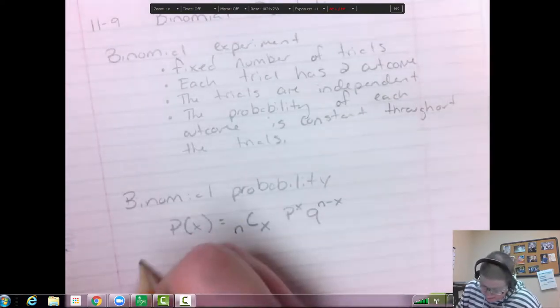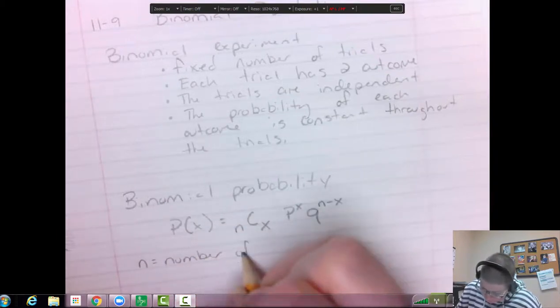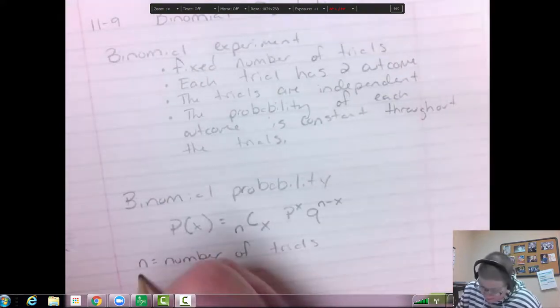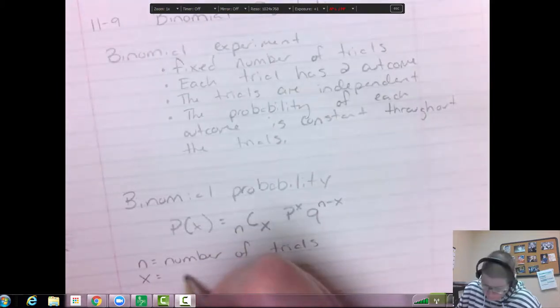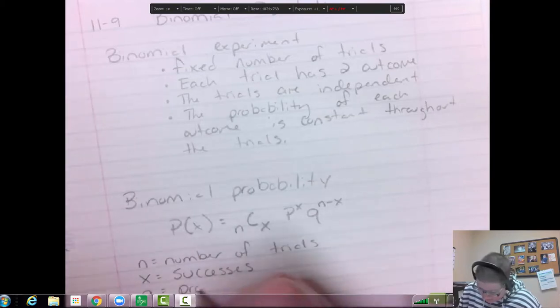n is going to be the number of trials, and x is the number of successes. And p is the probability of the success. It'll probably make more sense when we see an example.